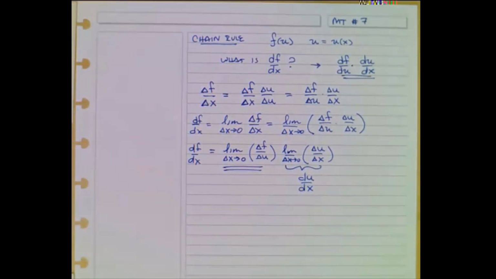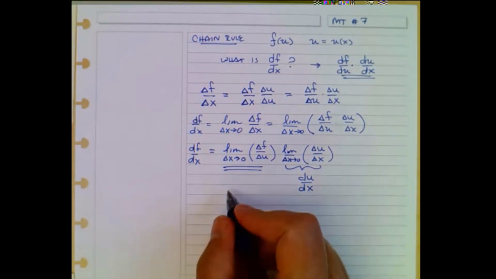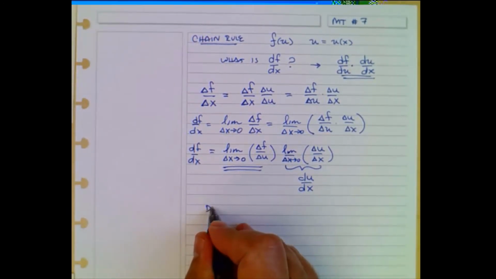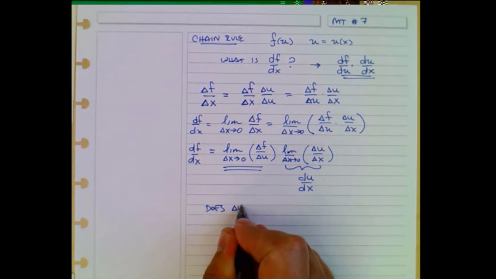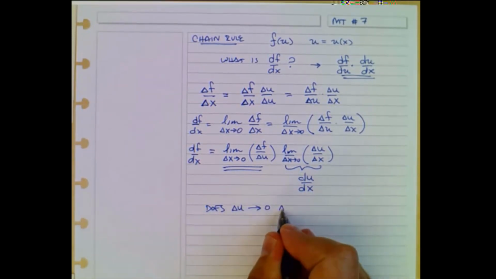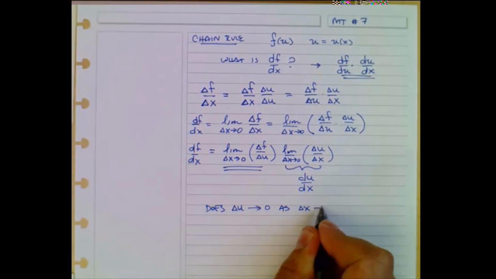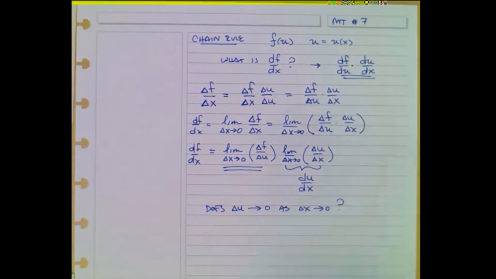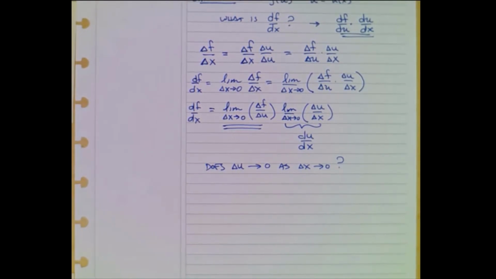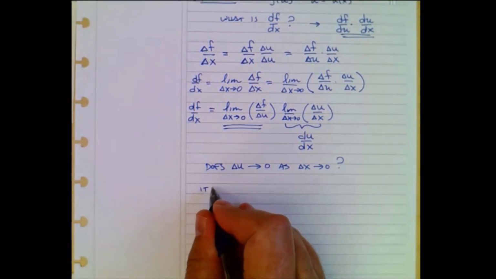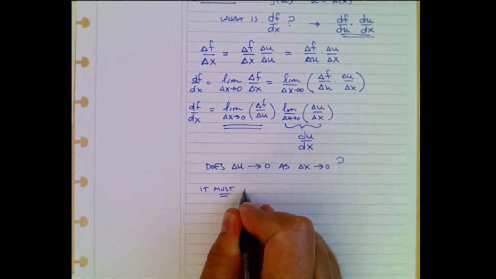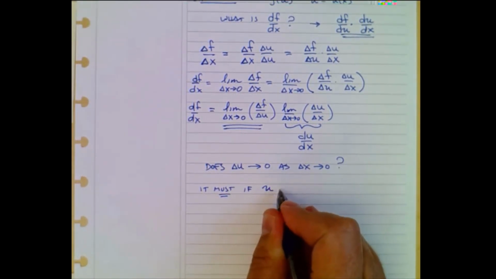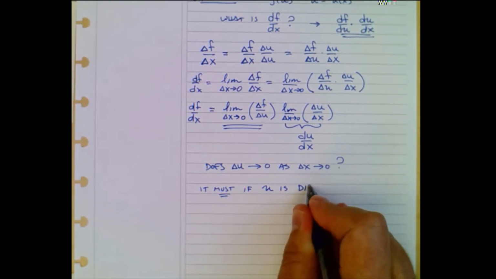What about this part? The operative question is, does delta u go to 0 as delta x goes to 0? And the short and sweet answer to that is it has to, it must, if u is differentiable.